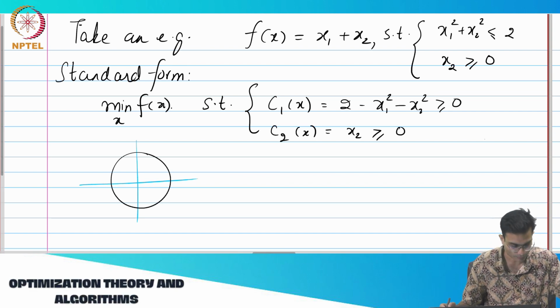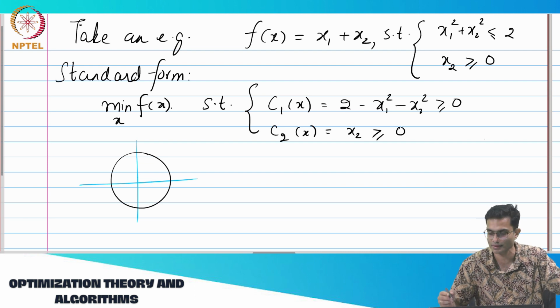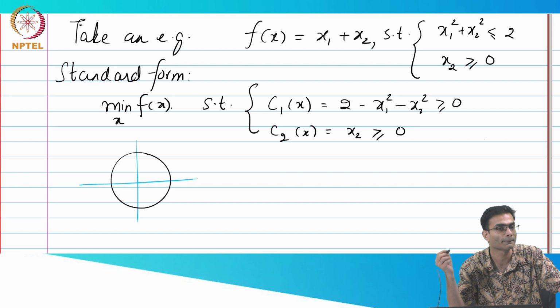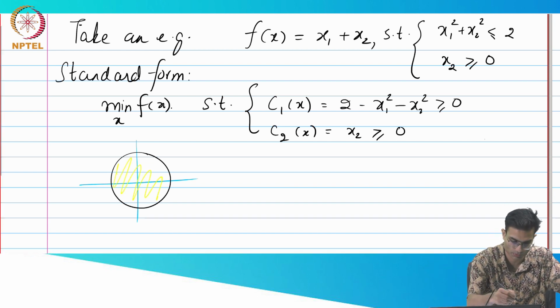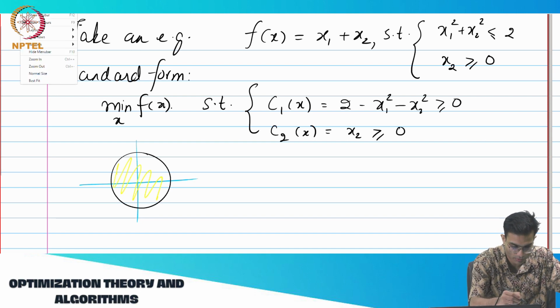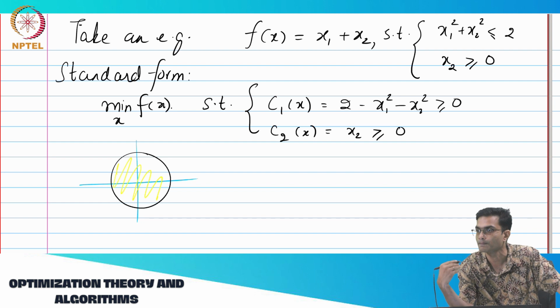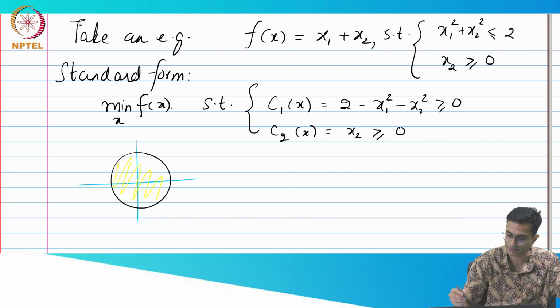Okay. So we can sketch the feasible region quite easily. What is it? The first constraint is saying I should be inside the circle. Oops, there's no undo here. Okay, never mind. And the second condition is saying I should be in the upper half of the x-y plane, right?